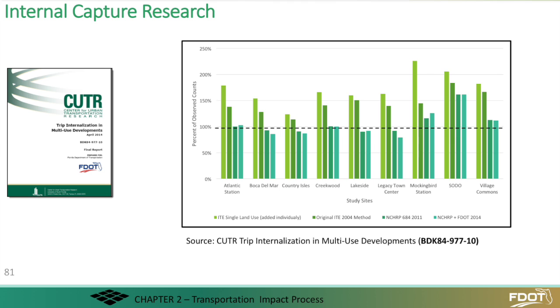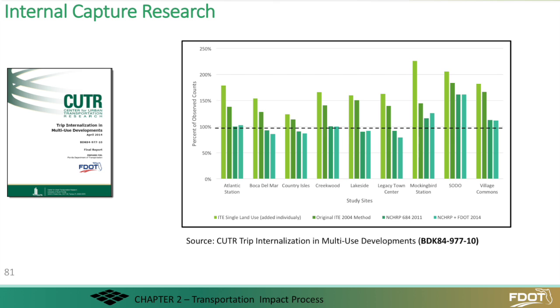So at the end, this is the comparison that CUTR did with NCHRP. Remember, NCHRP 684 looked at Atlantic Station, Legacy Town Center, and Mockingbird Station. We actually had Boca del Mar, Country Isle, and this one, Village Commons, is the study that was done in 1993 for District 4.